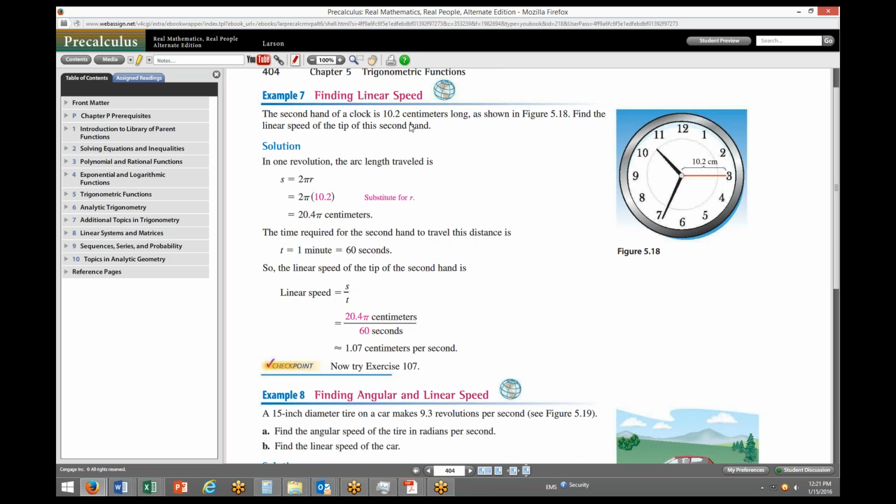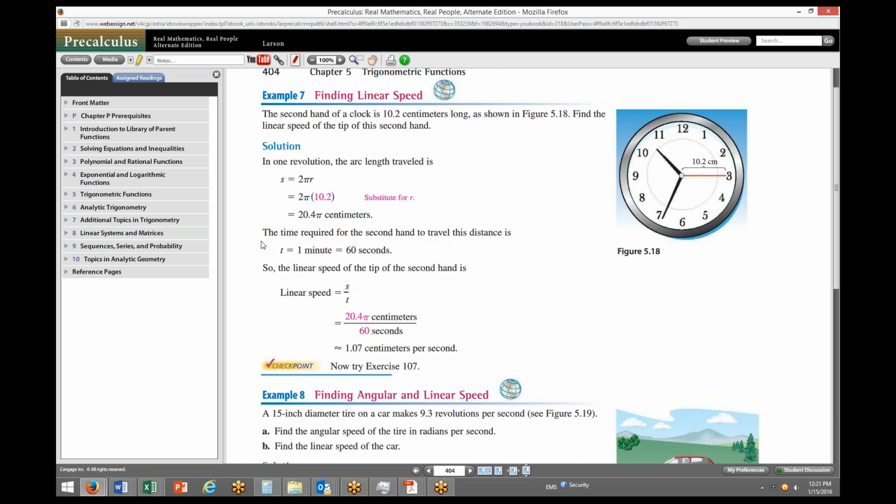And the radius, they told us, was 10.2. That's r. So 2 pi times 10.2, the arc length traveled in one full revolution is 20.4 pi centimeters. Not yet converting pi to a decimal, it's just 20.4 times pi.